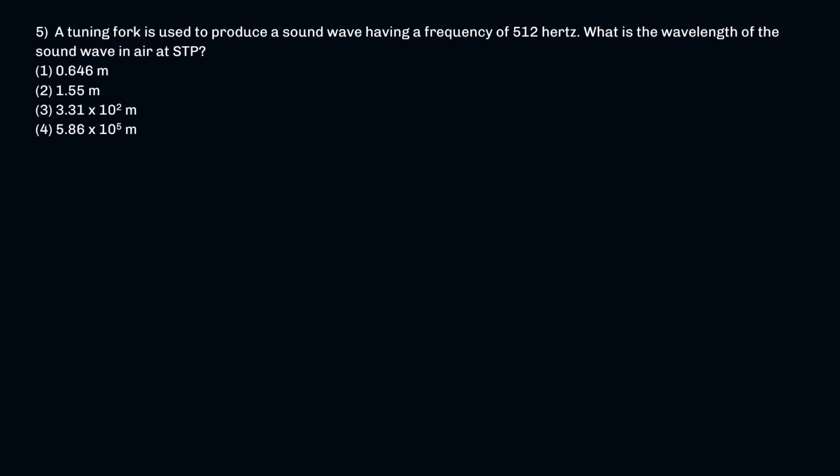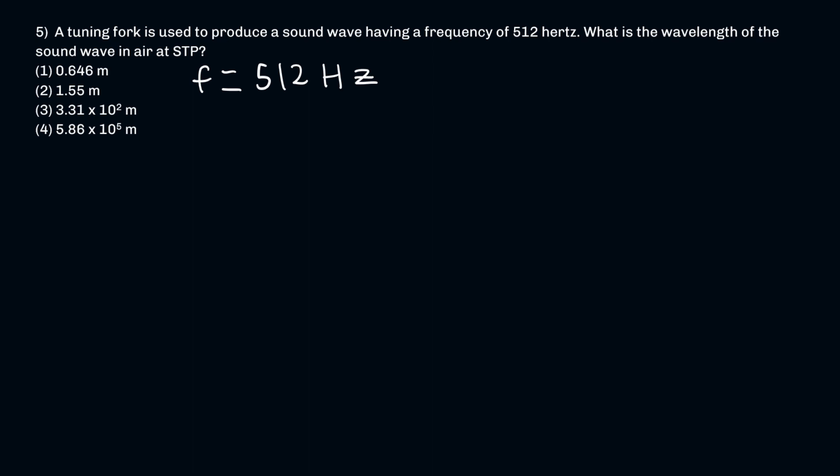So the first thing that I have is a frequency of 512 hertz. So if I don't know what frequency is on the reference table, I can look around for it. As far as equations go, it is going to end up in waves. And I can see that frequency is f. So I have here that f is going to be equal to 512 hertz.